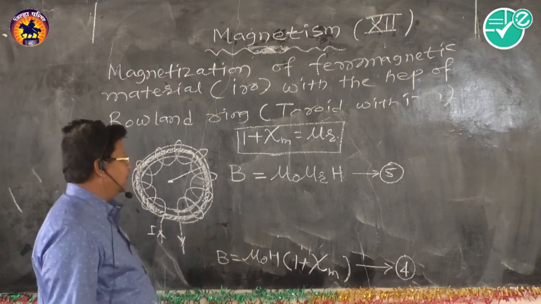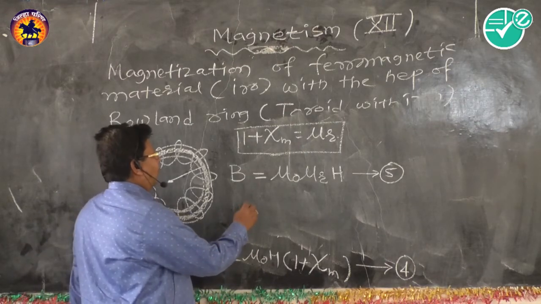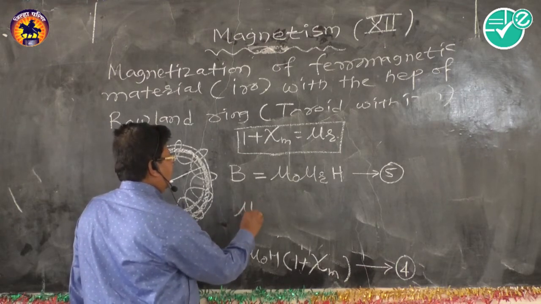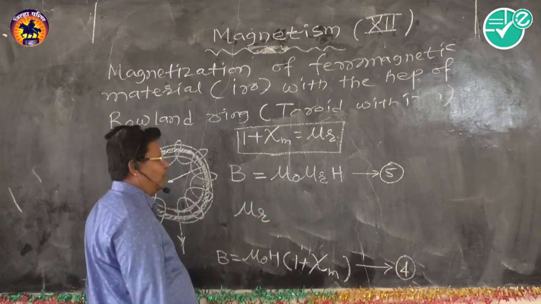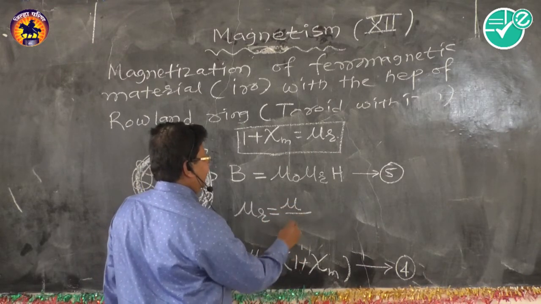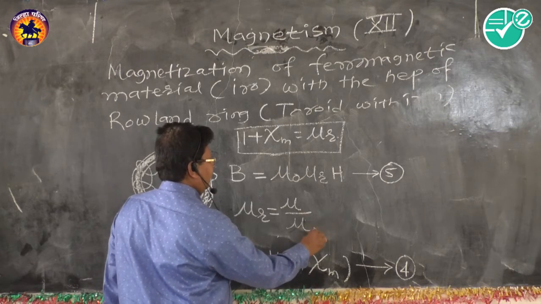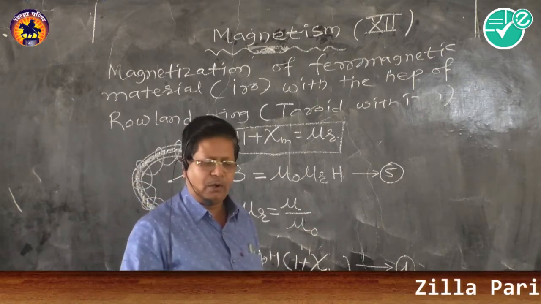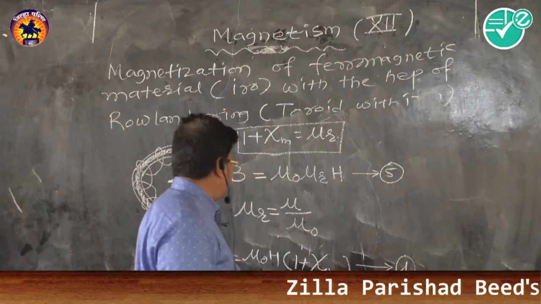Again, we have studied the magnetic property: relative permeability mu r is the ratio of magnetic permeability to the permeability of free space or vacuum.